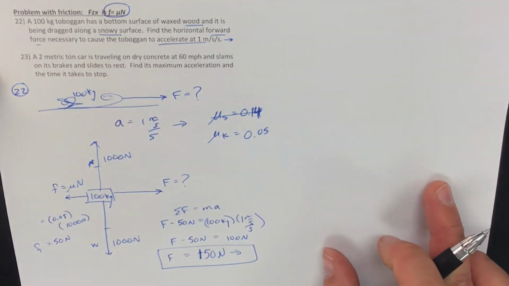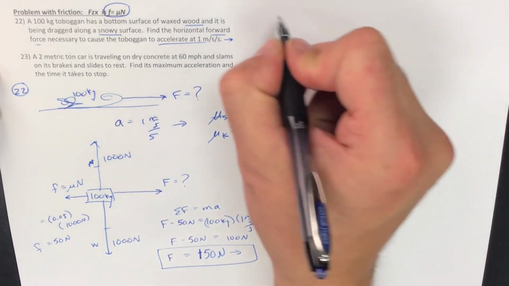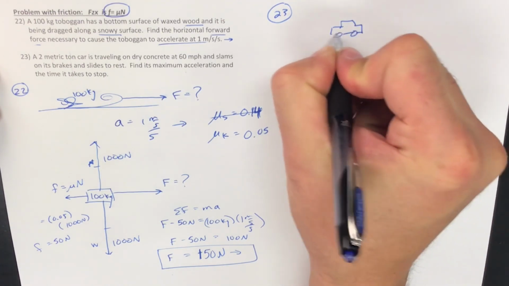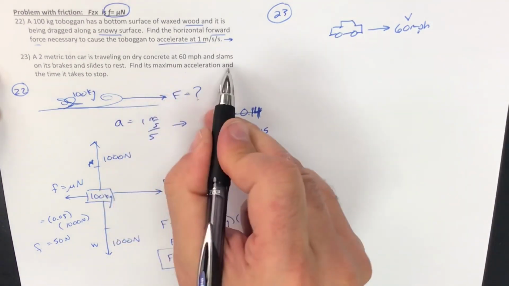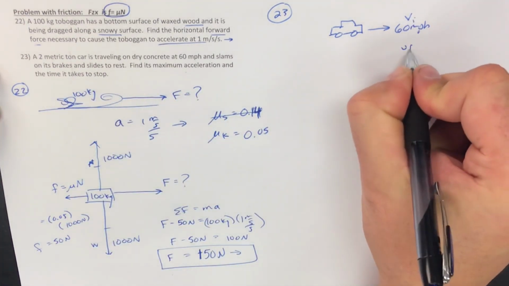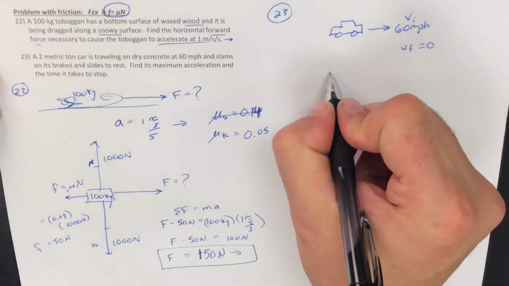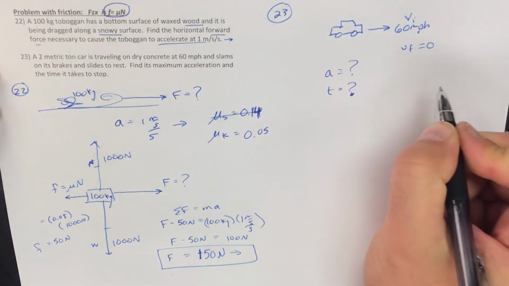A 2 metric ton car is traveling on dry concrete at 60 miles an hour. Number 23, car. Here's your little car traveling at 60 miles an hour. That's the velocity. Slams on his brakes and slides to rest. That's the initial velocity. The final velocity is 0. Find the maximum acceleration. Acceleration is unknown, and the time to stop is unknown.